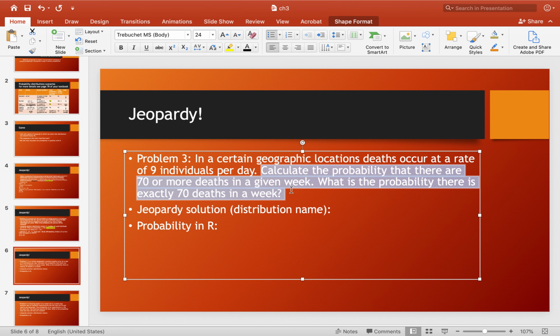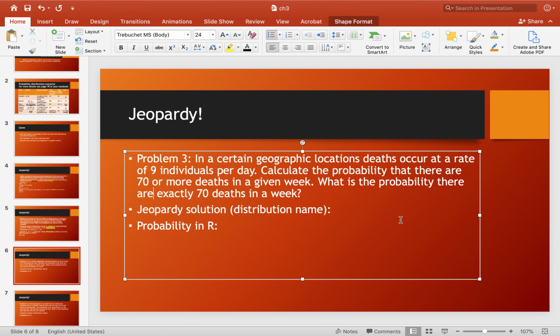What is the probability there? And I'll change the grammar: are exactly 70 deaths in a week. So we need to figure out the distribution name. X is the number of successes, and here I'm calling successes deaths per week.